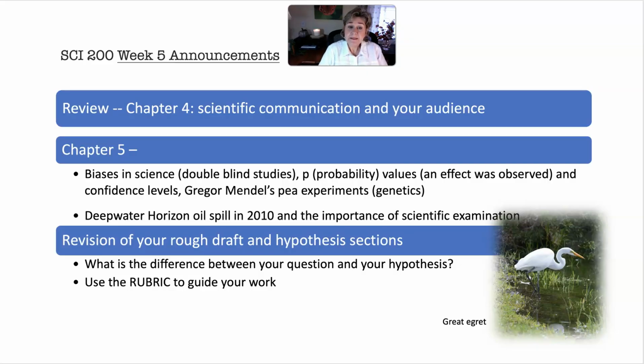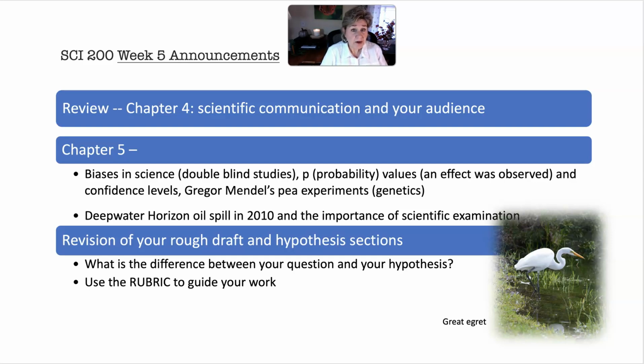All right. Last week, you learned about scientific communication, whether it's communication between scientists, you and your colleagues, you and other professionals, or scientists and the general public. And you have to figure out who your audience is, who you're presenting to, in order to effectively communicate with that person or those people.